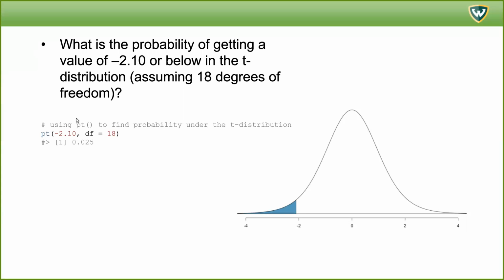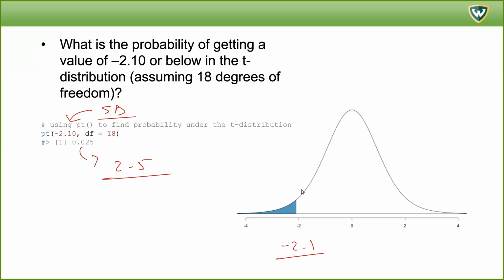We can use a function, a pt function, in order to find the probability under the t-distribution. What we need to do is add the measure of standard deviations here and the degrees of freedom. And so at about negative 2.1 standard deviations, there is a chance of 0.025, so 2.5%.